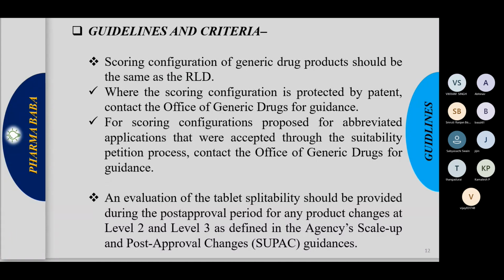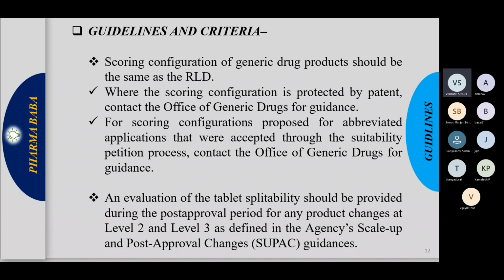Then the scoring configuration of the generic drug product should be the same as the RLD. So this is also a criterion: whatever scoring we are proposing should be similar to the RLD. If the RLD has a score, then we must have the score, right? This applies even when the scoring configuration is protected by patent, or the scoring configuration proposed by the abbreviated application was accepted through the suitability petition process.